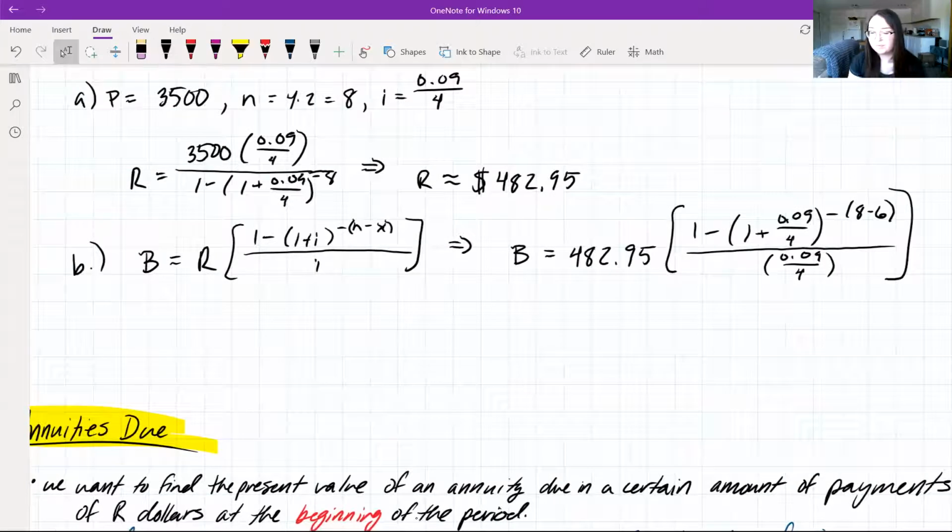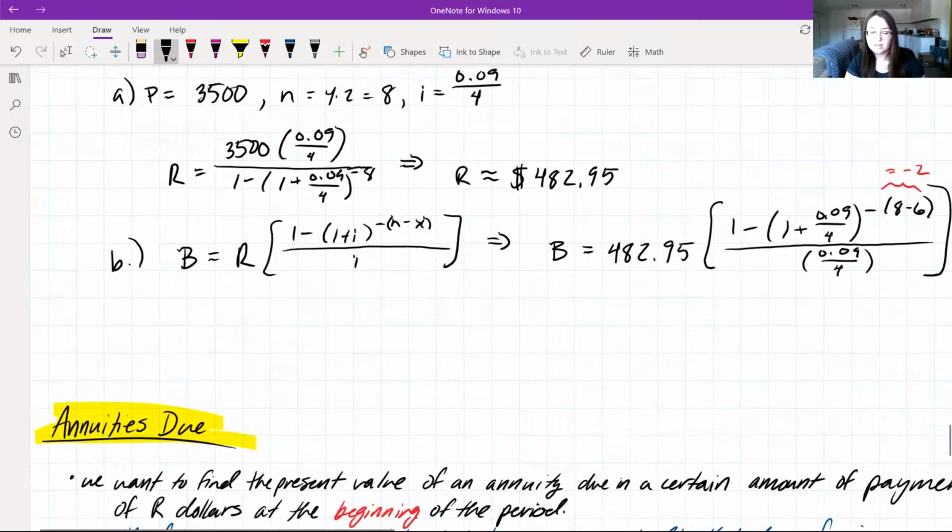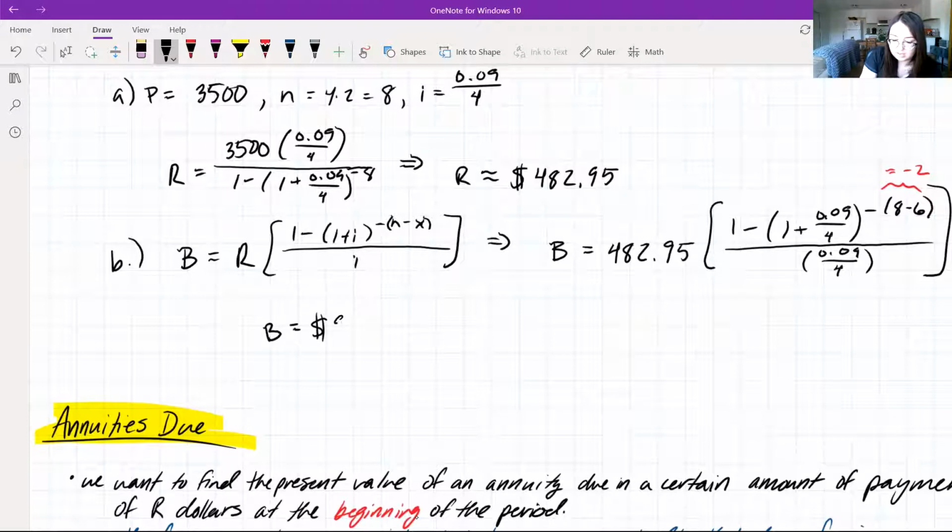So we know that this value here is just going to be equal to negative 2. I invite you to calculate this value on your own. And you should get that your balance remaining is $934.25.